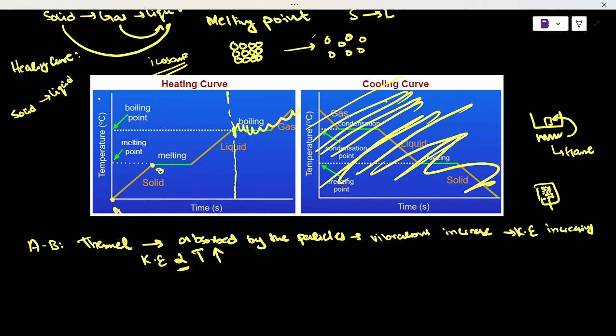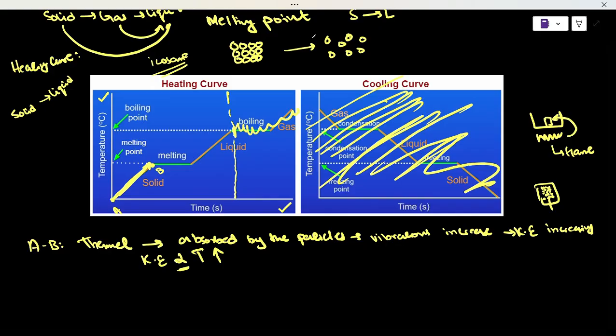And even if you look at this graph, you have temperature on the y-axis and time on the x-axis. The graph is going upward for temperature, which is what we are establishing: temperature is increasing.